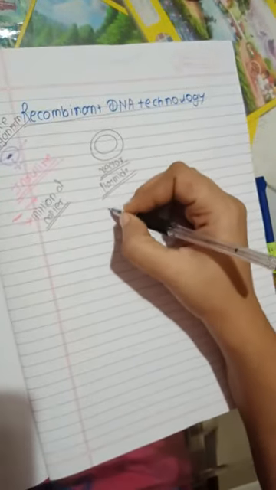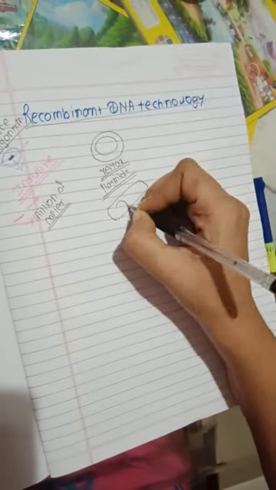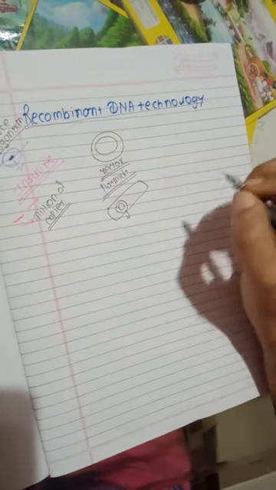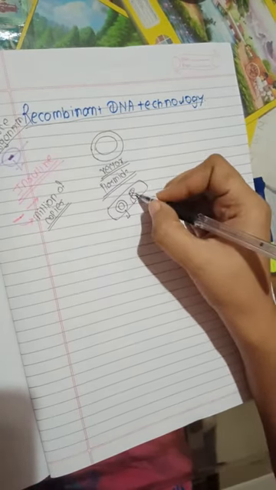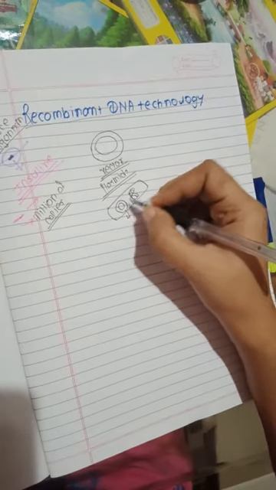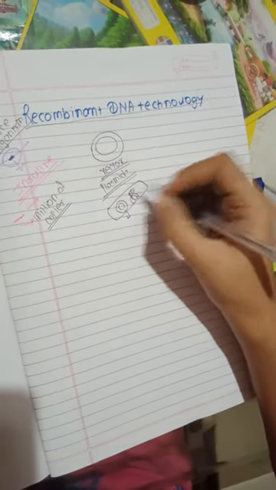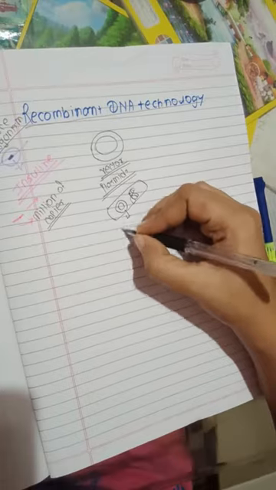Suppose this is a bacterium and this is a plasmid. Plasmids are extra-chromosomal material that replicates autonomously, independent of the bacterial chromosome. They will not take help of the bacterial chromosome for amplification; they will replicate on their own.